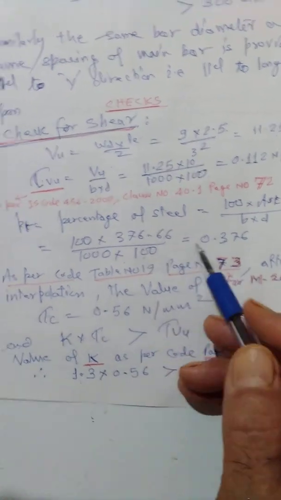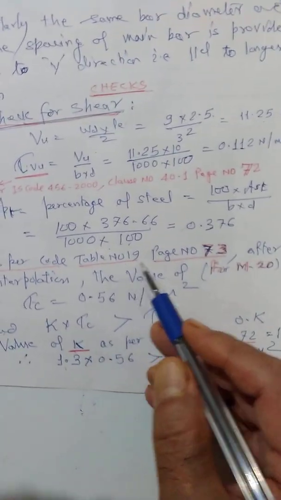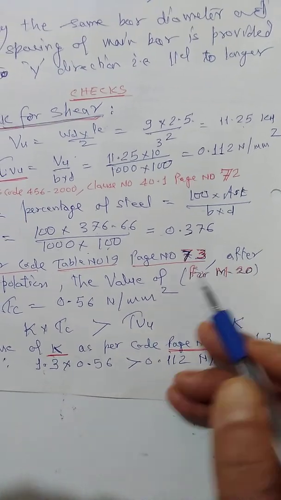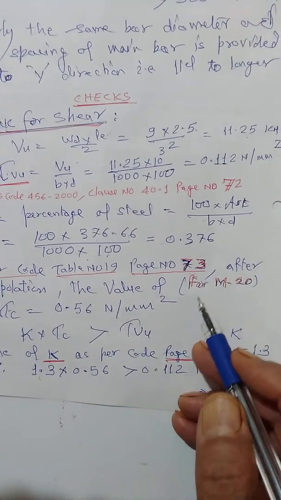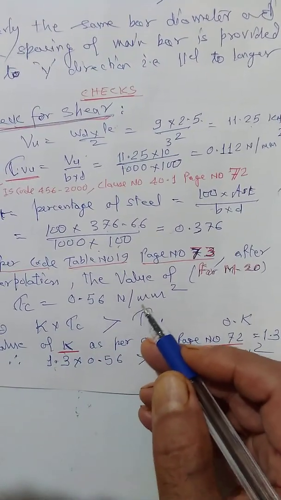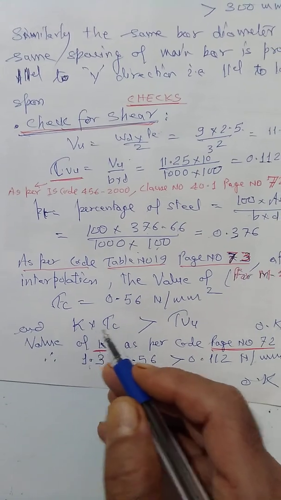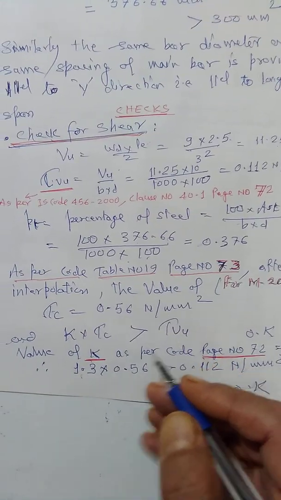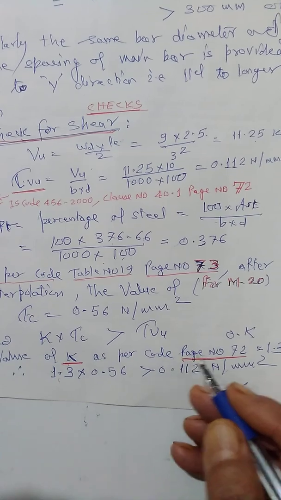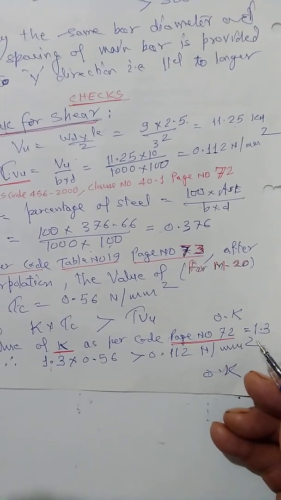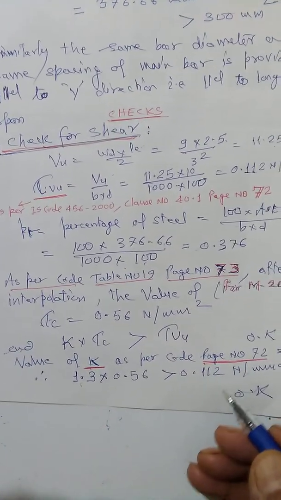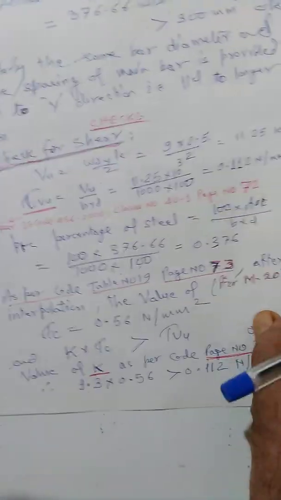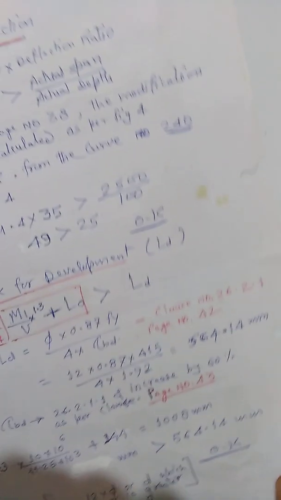From this Pt, as per code, Table number 19, page 73, and interpolation, the value of tau c can be calculated as 0.56, and k times tau c should be greater than tau v. The value of k as per the code on page number 72 is 1.3 up to 150 mm. So 1.3 into 0.56 should be greater than this. So we can say our check for shear is okay. We need not provide any shear reinforcement.